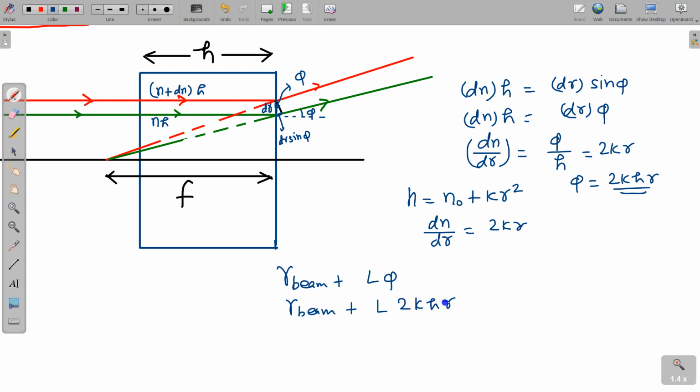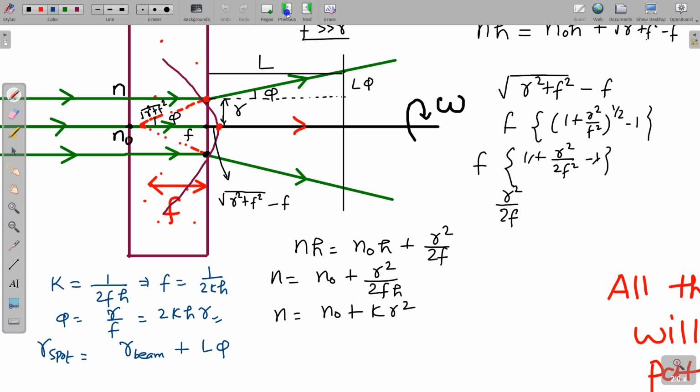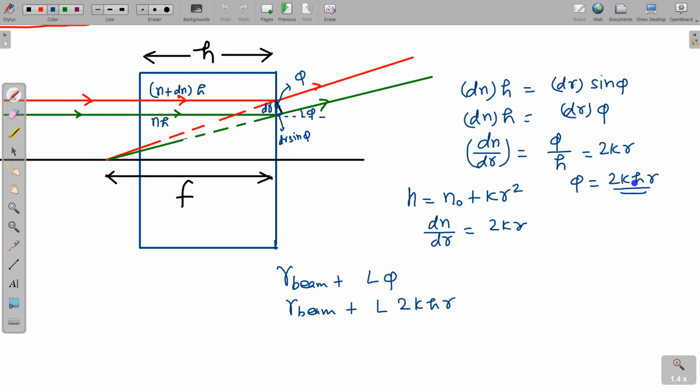So we can see that we have also obtained this kind of answer in the previous method. So we can just compare. In the previous method this phi is 2khr, and again this phi we have obtained 2khr. So we can use both the methods as we like. So this is the final answer. We can put the value of k as we have calculated earlier.